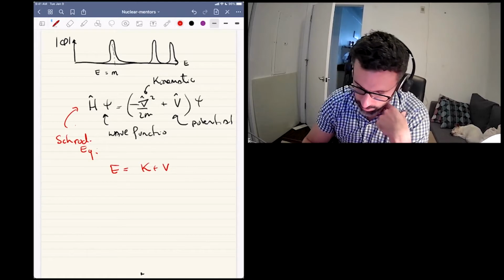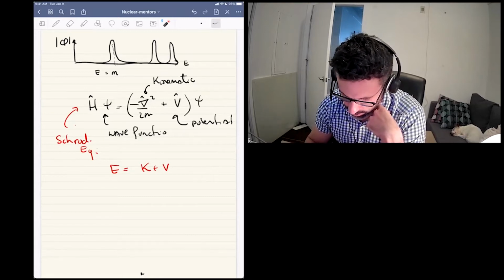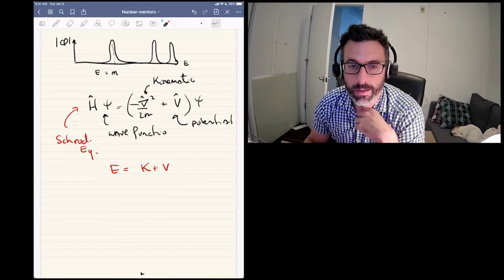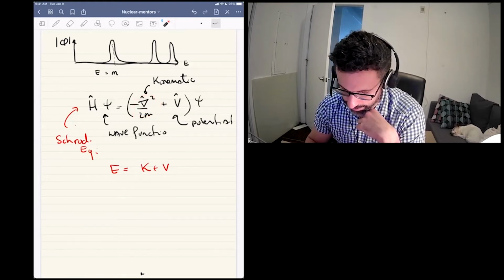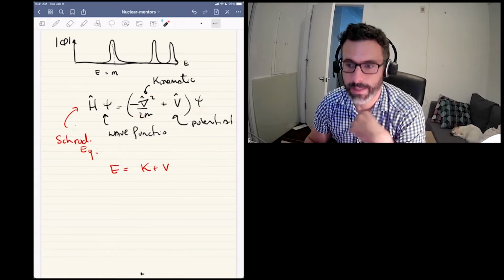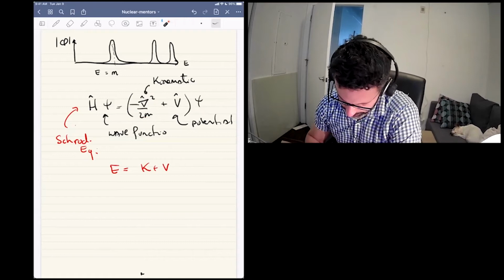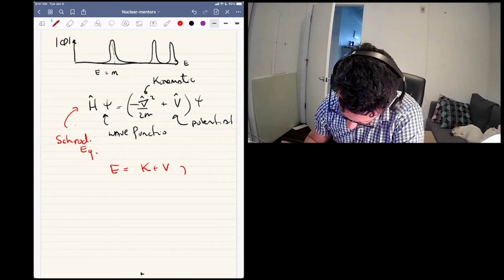Okay, there's some complications, obviously, because these are not scalars. These are operators, meaning this acts like a matrix and this acts like a vector in some space. But this is the idea, right? And this is purely non-relativistic.